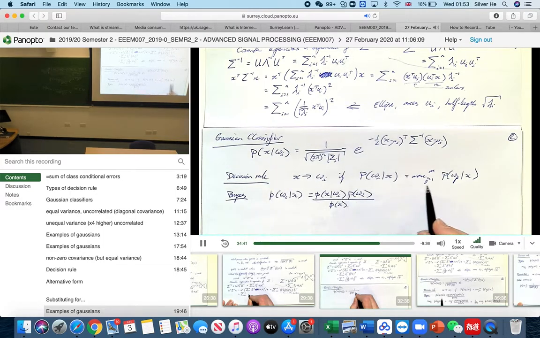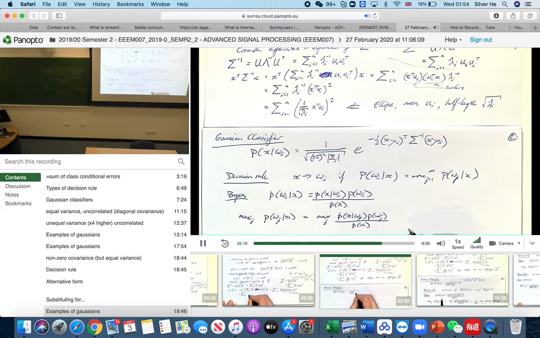So this thing here, the maximum over j of P of omega j given x, was the thing that we had over here. This is the maximum over j of P of x given omega j, P of omega j over P of x.